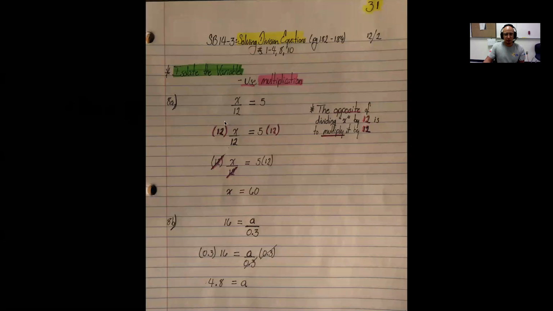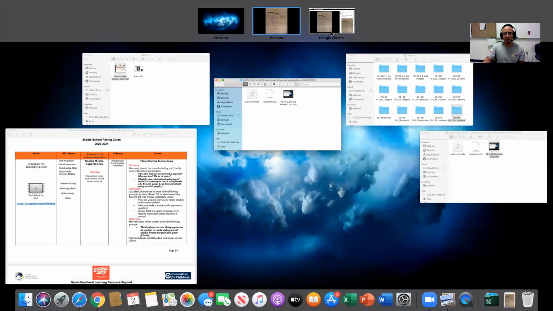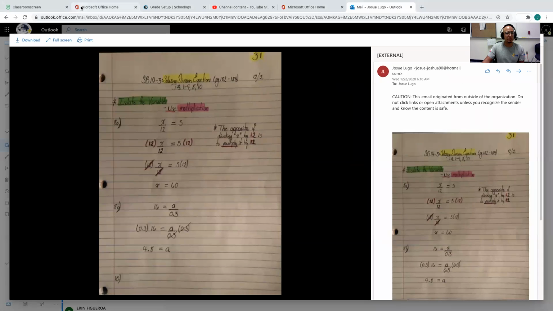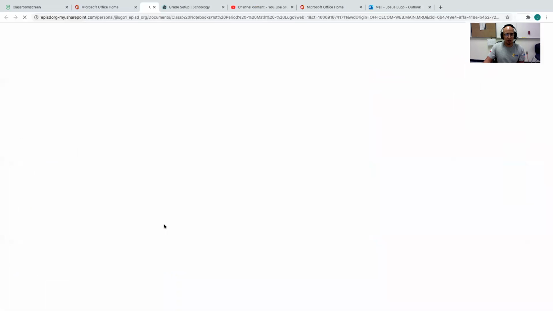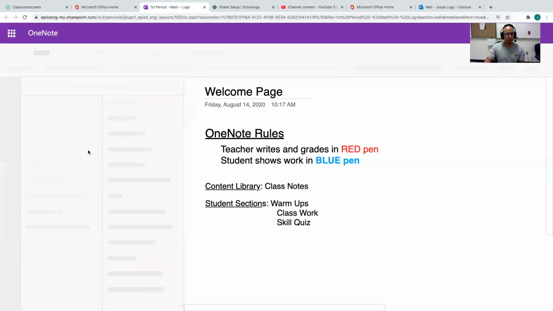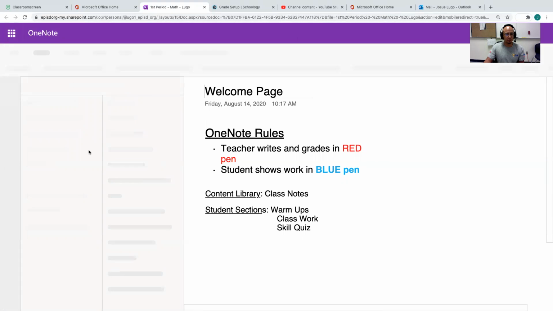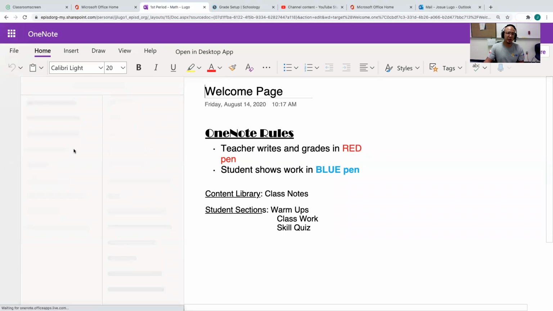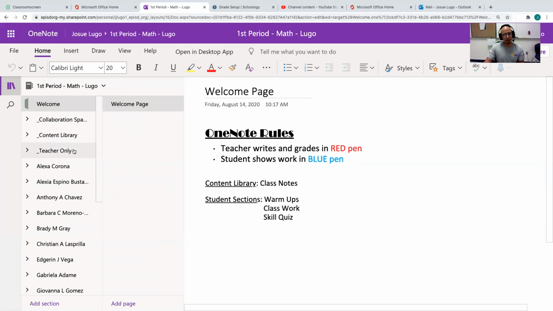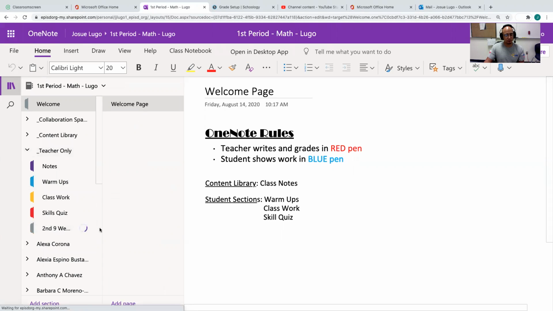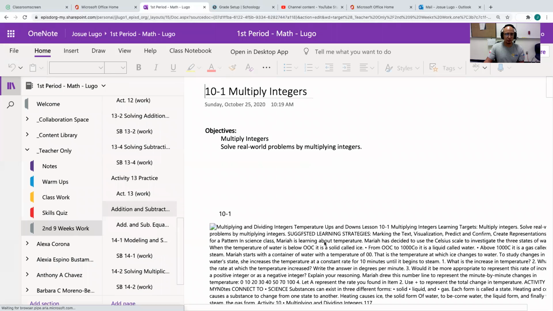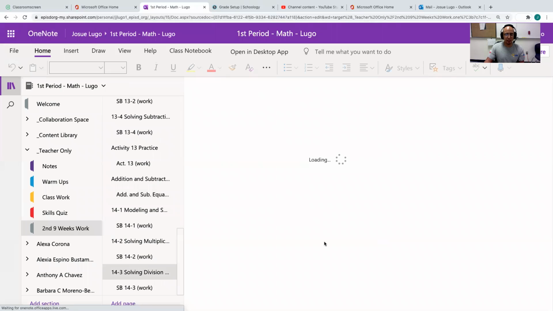All right. And so obviously I'm getting these problems straight from OneNote. And so let me open that up for us. So if you go to the second 9 weeks work tab, scroll down to the newest section, which is 14-3.